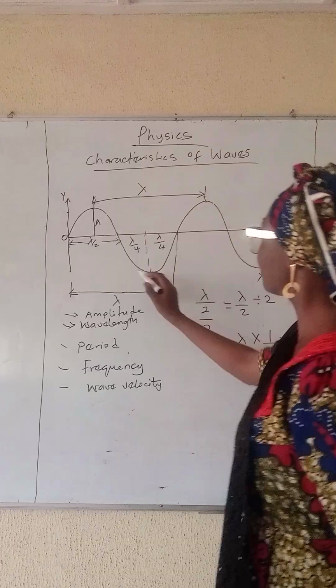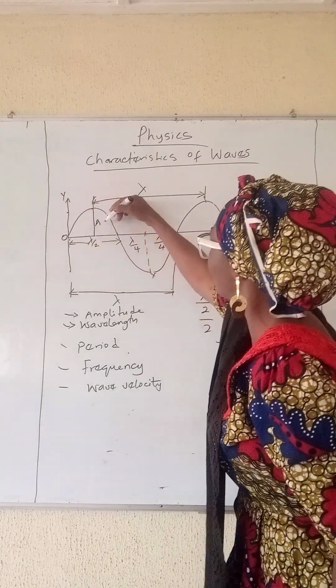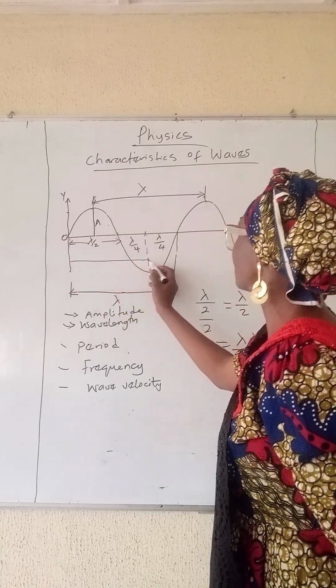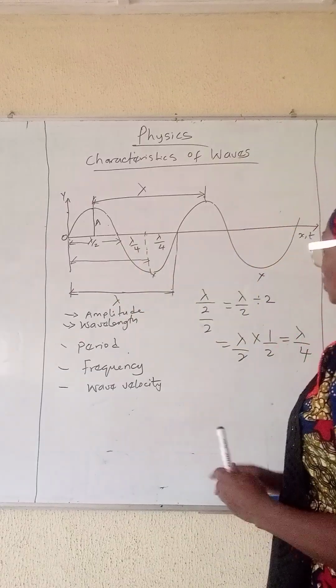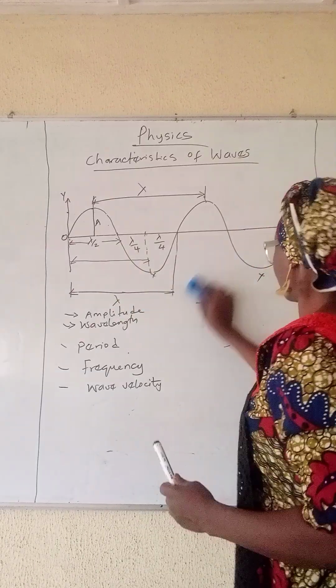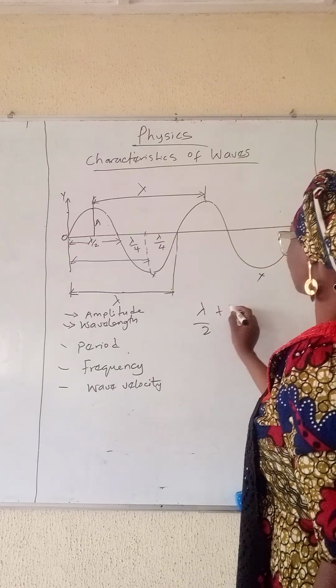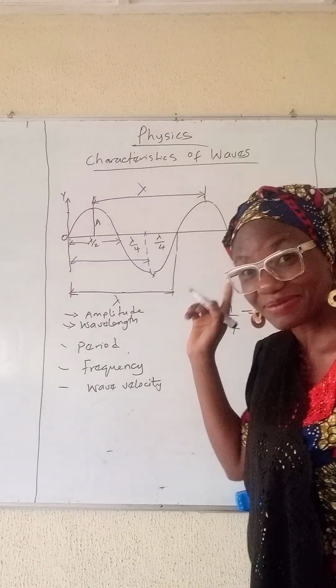So now we have this: this is half of lambda, and if you share this into 2, we have a quarter of lambda. If I want to get the distance from this point to this point, I will add lambda over 2 plus lambda over 4. Now you can see LCM coming into play, LCM from primary school.